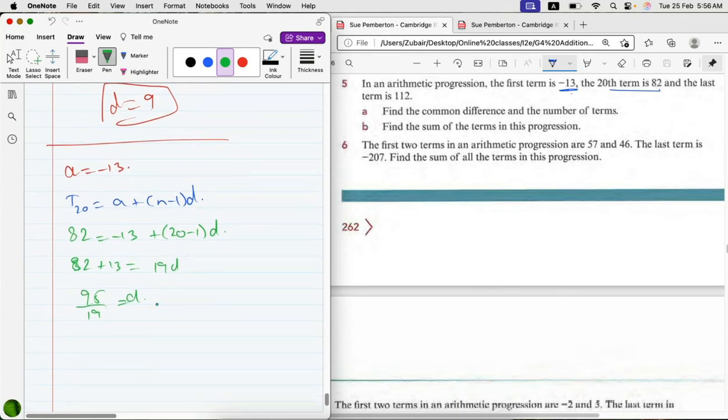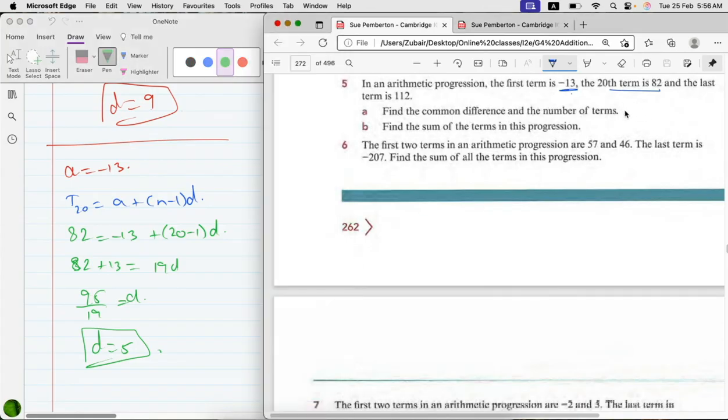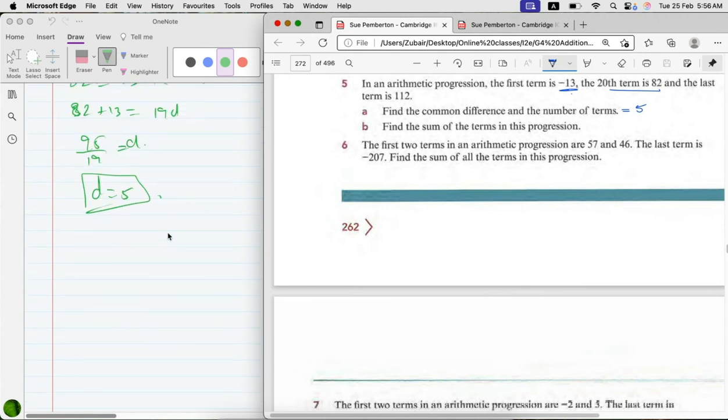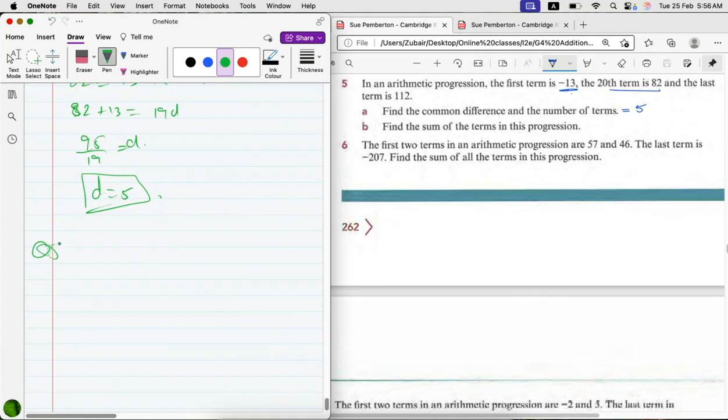Sometimes you'll even get simultaneous equations to solve for a and d. And the last term is also given. Find the common difference. So the first part is already done. Common difference is 5. Then it says find the sum of the terms in this progression. So then we can just plug in 112 equals negative 13 plus n minus 1 into 5.